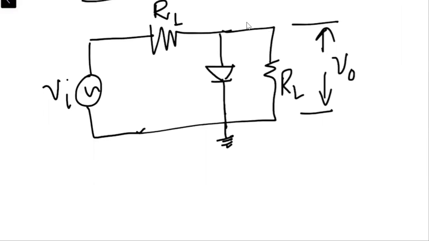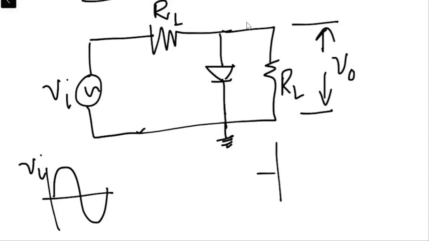If we say that the input is a sinusoidal waveform like this, and I want to draw the output, how is the output going to look? Anybody? जी, कोई idea?